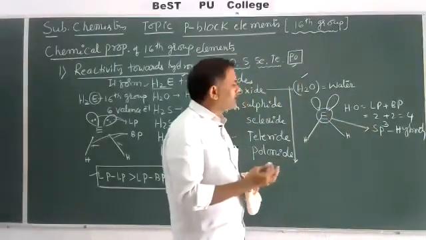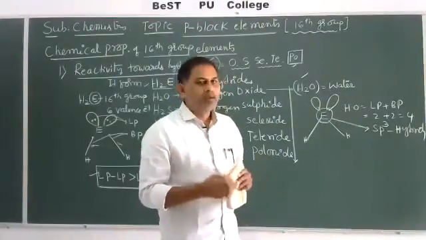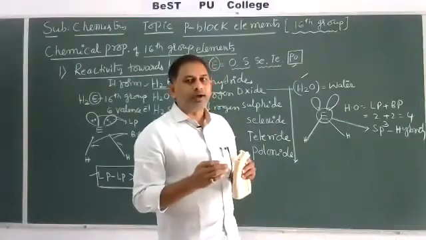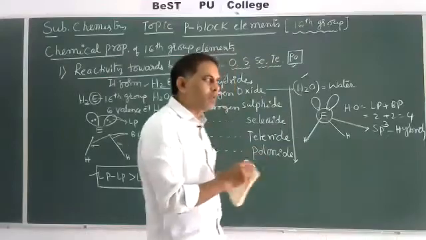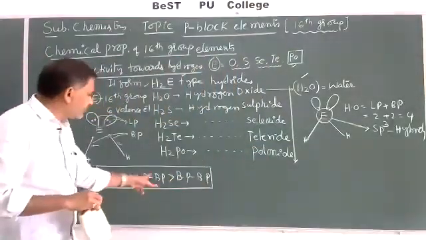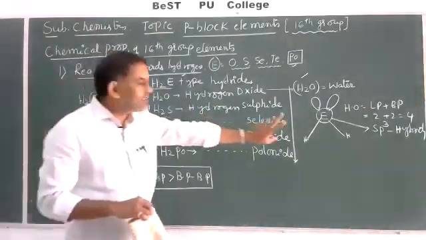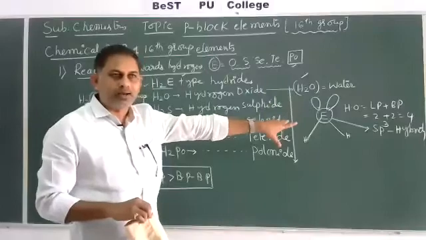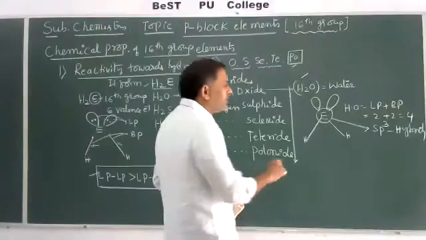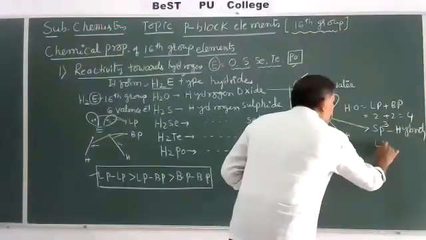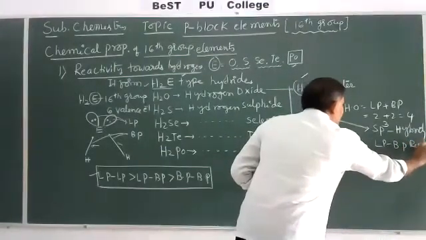So in all hydrides of 16th group elements, the central element undergoes sp3. According to the hybridization concept, if an element undergoes sp3 in any molecule, generally it shows tetrahedral geometry. But in this case, even though it undergoes sp3 hybridization, its geometry is not tetrahedral; it is angular, because LP-BP repulsive forces are there.